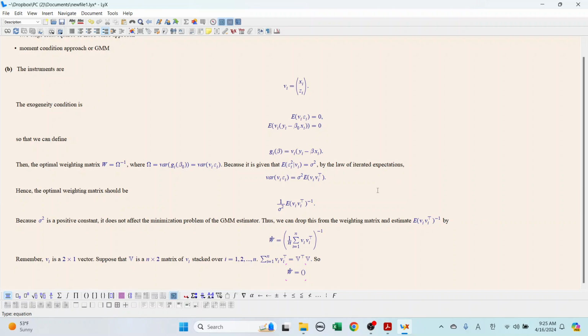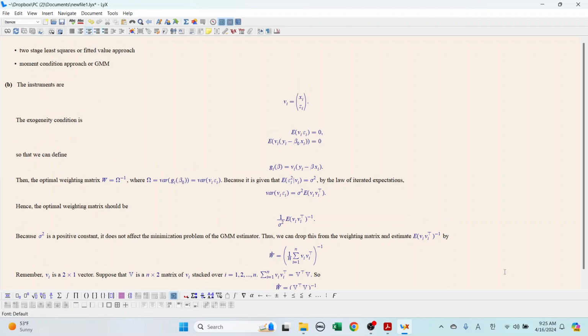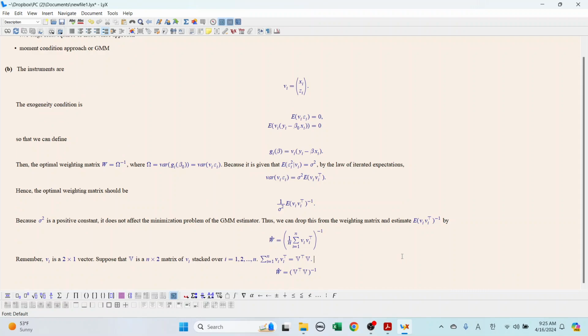Just like we dropped sigma squared from the weighting matrix, we can drop n too. So we are going to use this weighting matrix, okay?